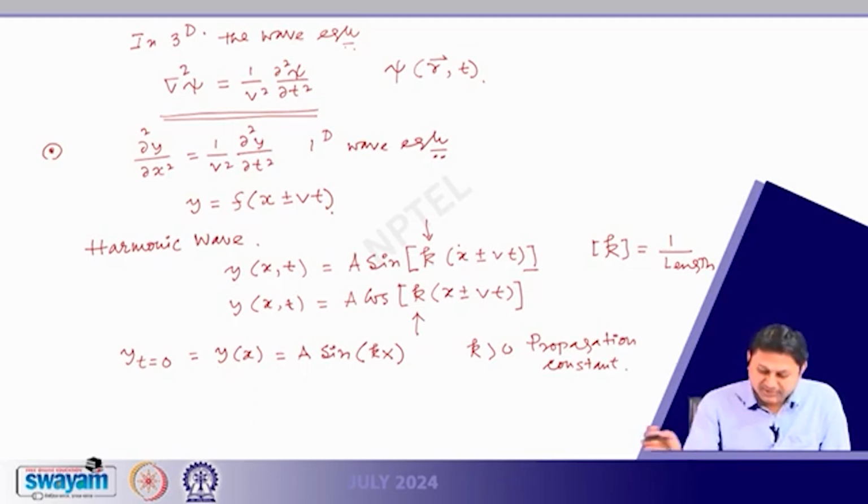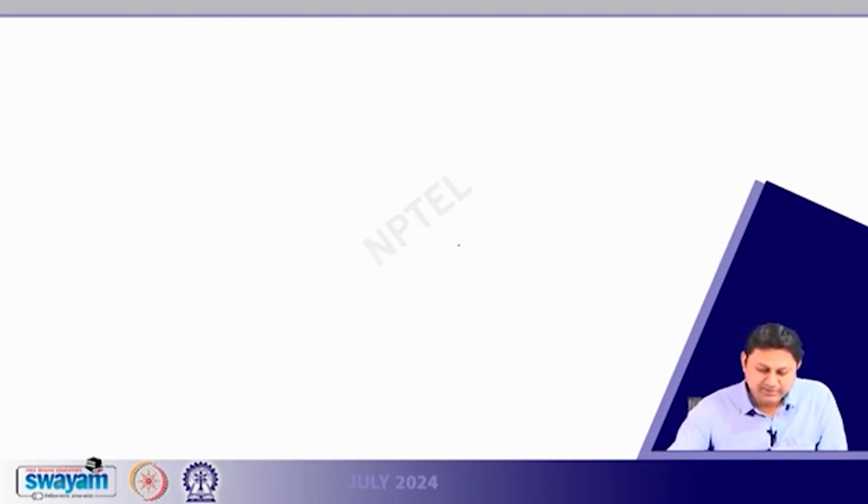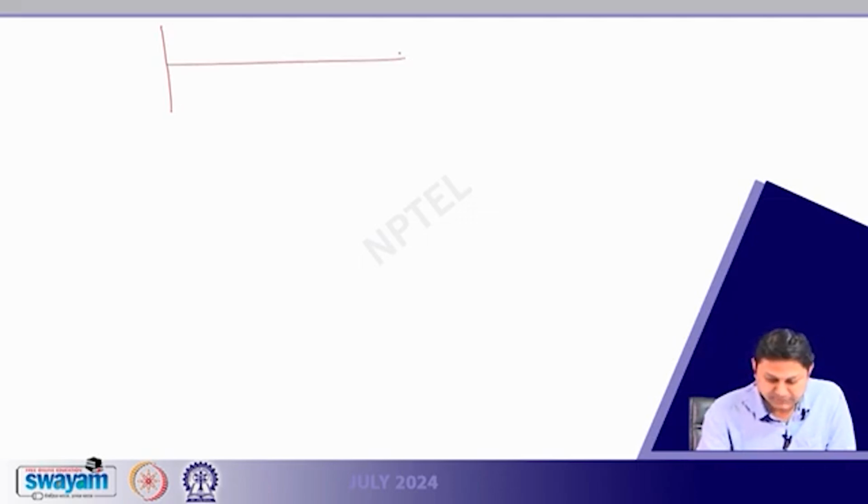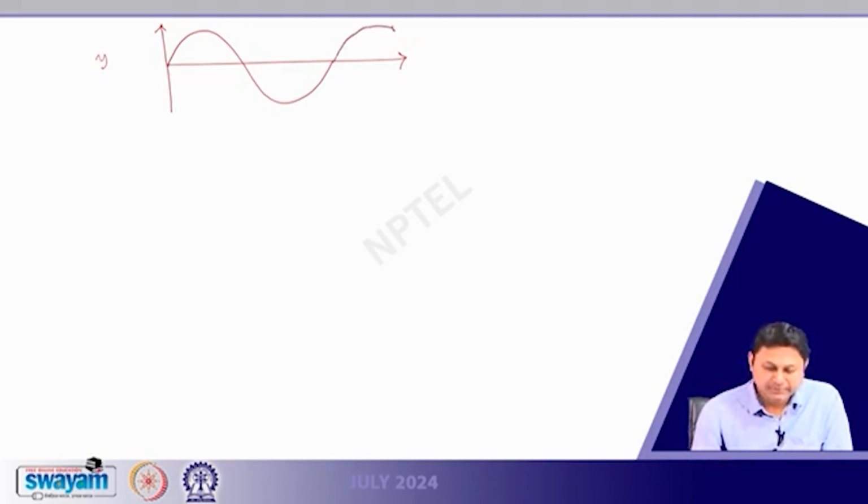Now if I plot this function, the sine function, this is my y, then we are going to get a function like this. If I go beyond, it should be like this.